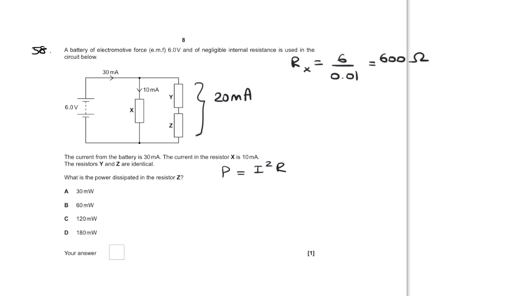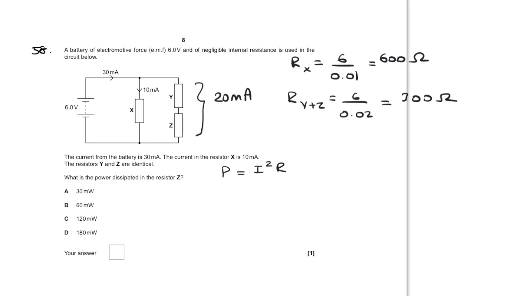That means the resistance across Y and Z is going to be 6 over 0.02, which gives me 300 ohms. So if I figure out the power dissipated through X, I can then work out the power dissipated through Y and Z.